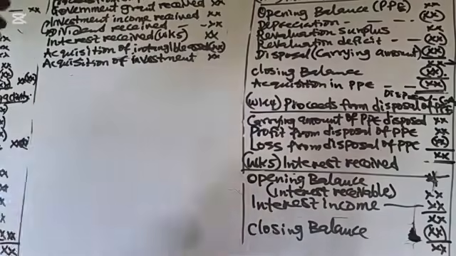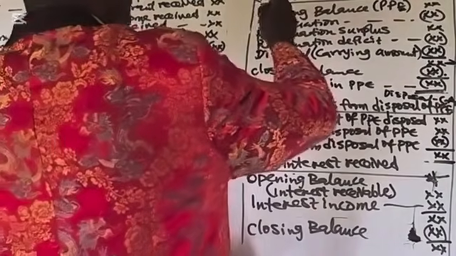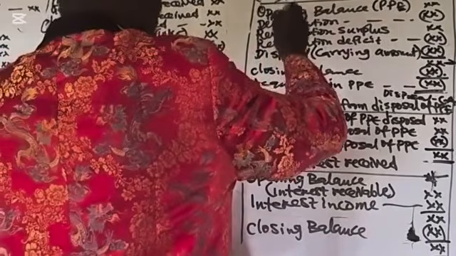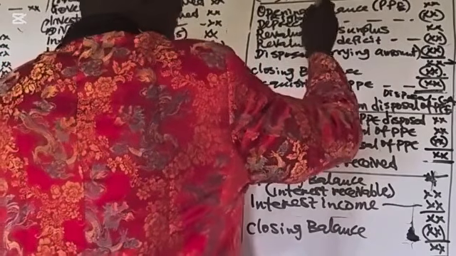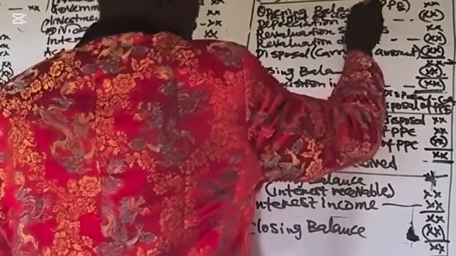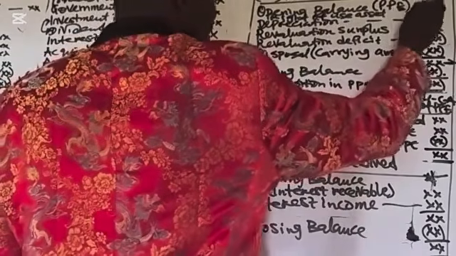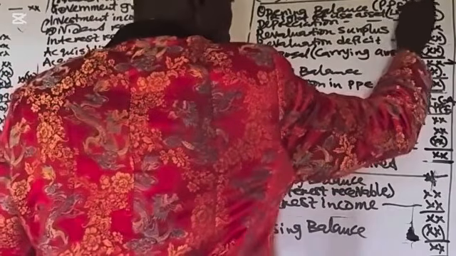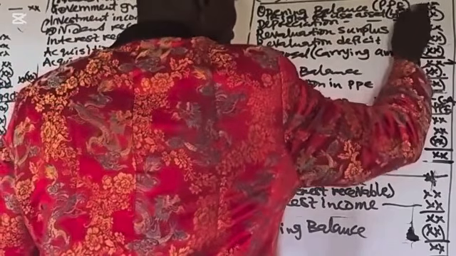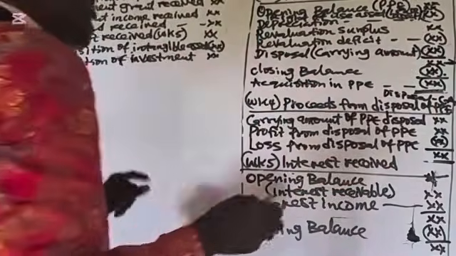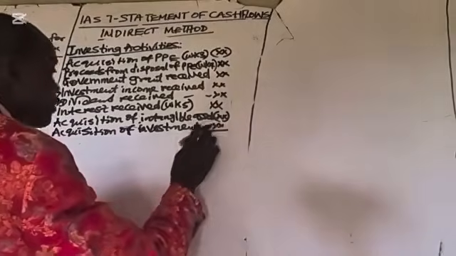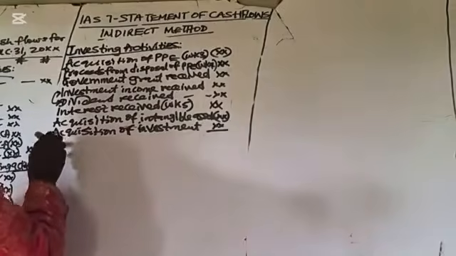Even for your PPE, if you have acquisition through lease, let me say right of use asset, you add it here. Don't forget, it may be given in the question. After all these adjustments, you have the net cash flows from investing activities.